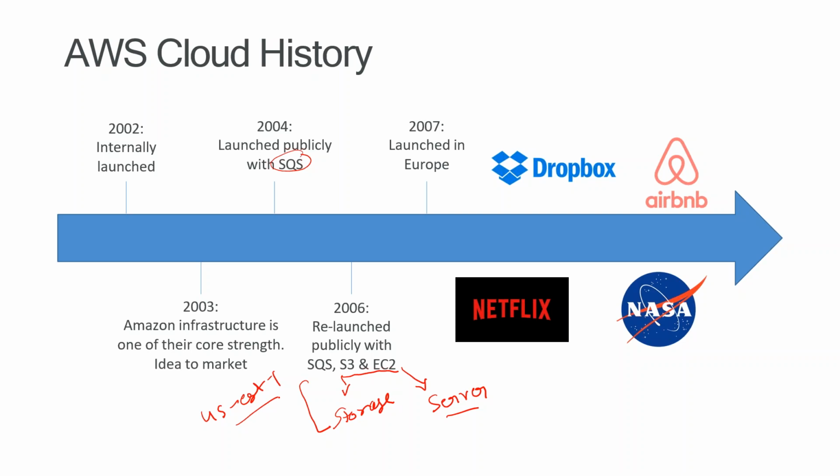Now, as we discussed, there are more than 300 services available, and all the major clients are there on AWS. You can see Airbnb, NASA, Dropbox, and the startups also, whichever started around 2010, will mostly be completely relying on AWS for their infrastructure needs.